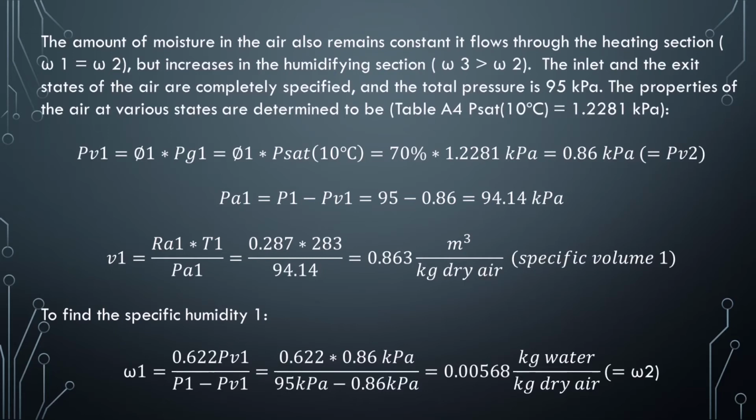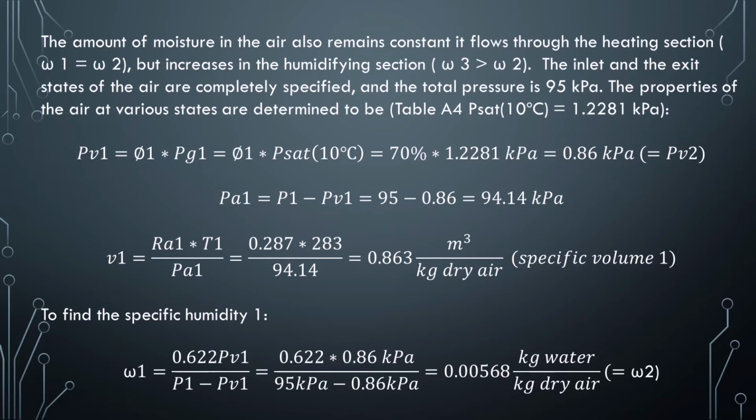Well, after replacing, this is 0.86 kilopascal equals PV2, and PA1, the pressure of air 1, is total pressure minus the pressure of vapor, so we get that PA1 equals 94.14 kilopascal, and the specific volume from this equation is, after replacing, 0.863 cubic meters per kilogram dry air.